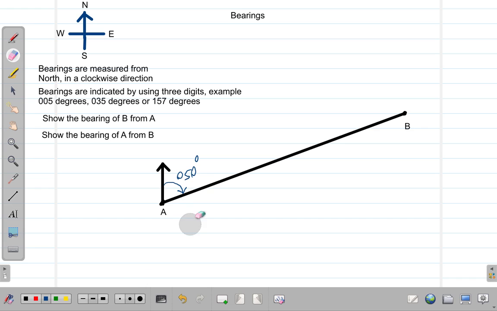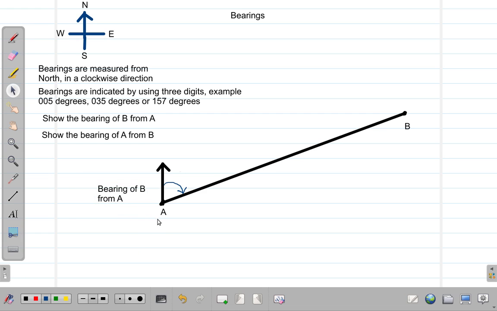Now, we also want to look at the bearing of A from B. But remember, this angle shows the bearing, write that down, of B from A. That's what's happening right here.